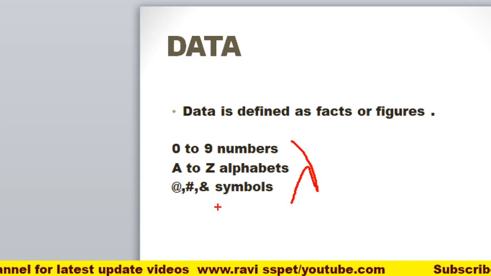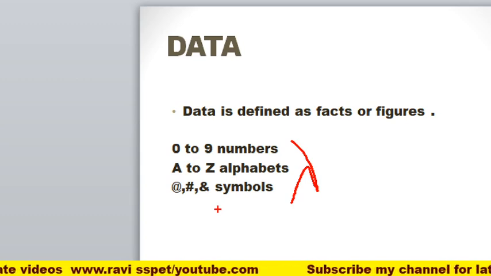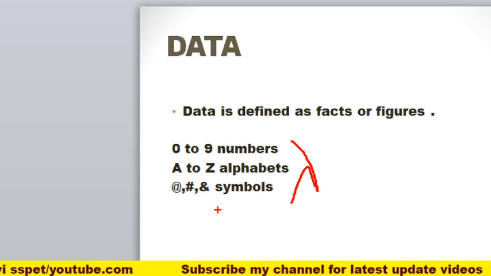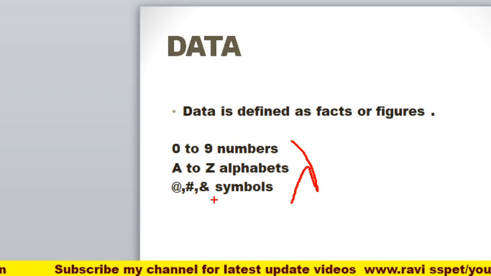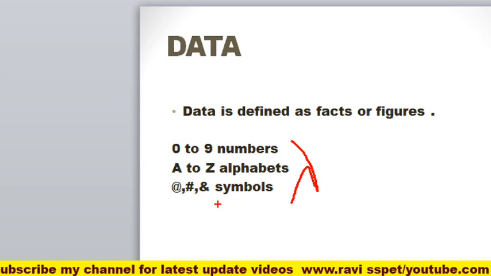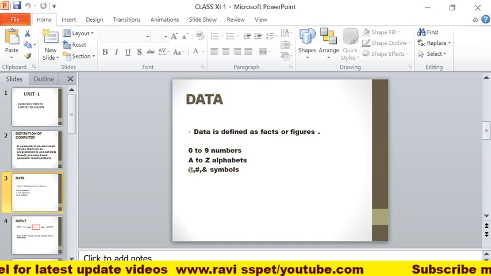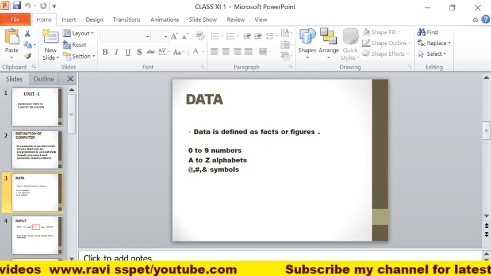Data may be 0 to 9 numbers, or A to Z alphabets, or any symbols on the keyboard like the @ symbol or the and symbol. So data is nothing but facts or figures. It may be any of these three. So this is about data.